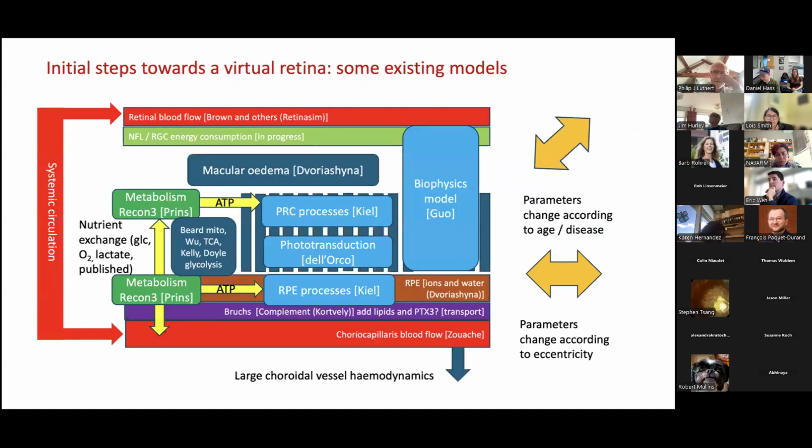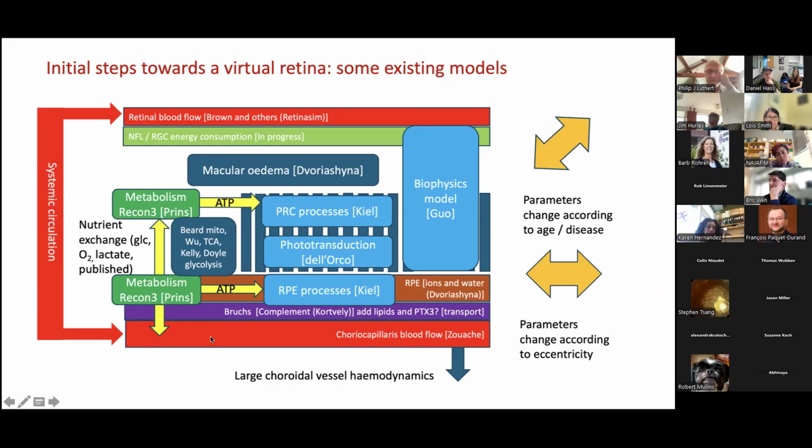And this rather garish diagram summarizes some of the models that are around relating to the retina, and I'm going to just point to some of these in a little bit more detail in a moment, but just to quickly orient you. Blood flow is relatively easy to model, so there are good models of retinal blood flow.